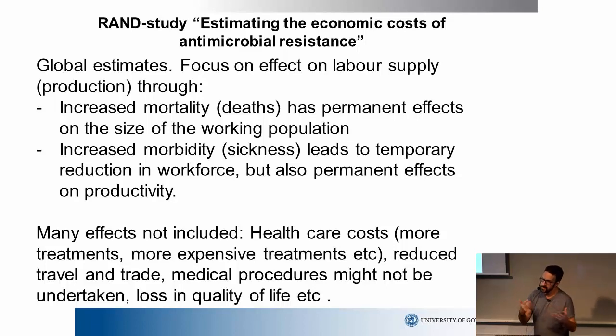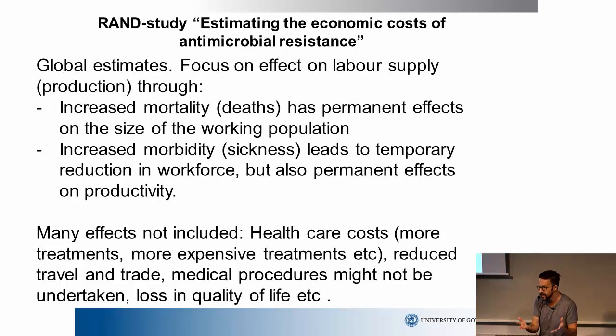In order to get a sense of what this is then worth, we need to translate this into an economic measure somehow, right? So what is it worth for society that people die? What is it worth for society that people are sick? And the most crude measure we have to translate what the economic costs are is simply to say, well, if people die, we lose the productive capacity of people that could have worked and produced things.